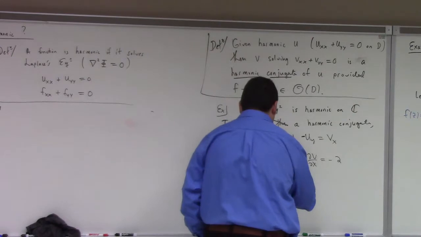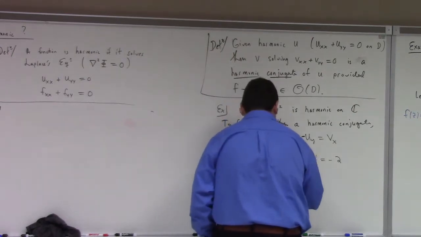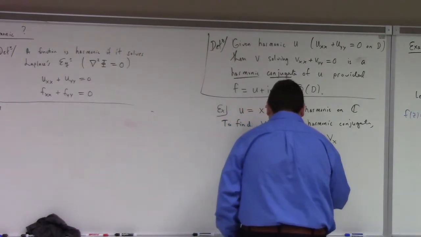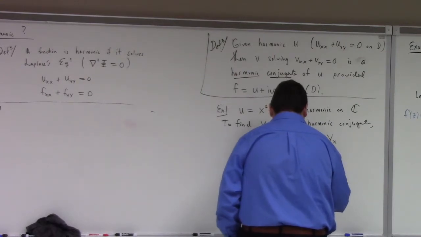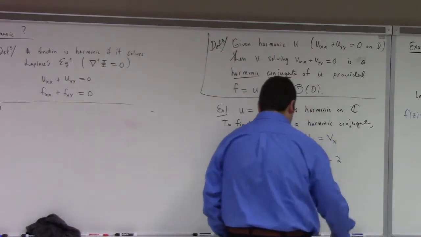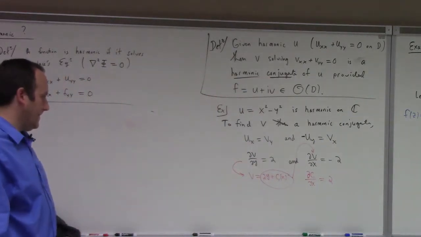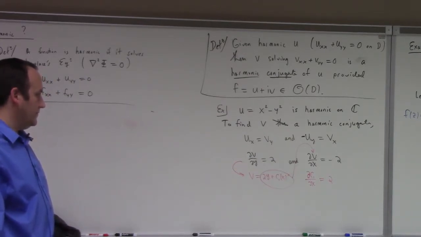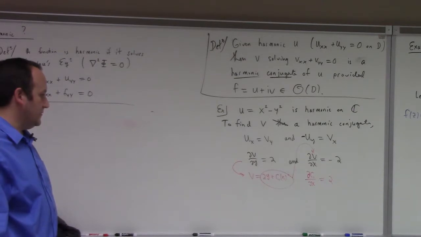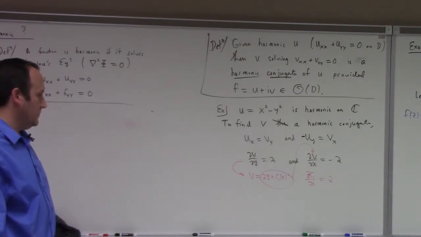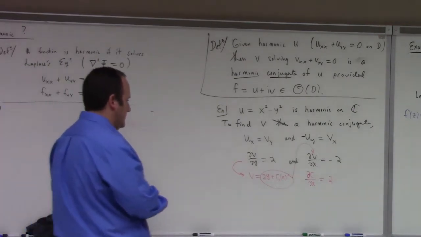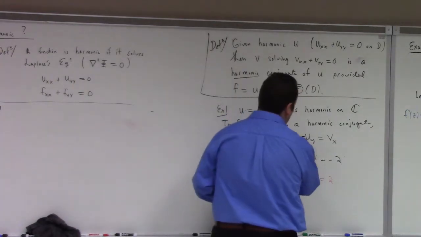Then I can take that and plug it in here, and I get partial c1 partial x equals 2. Wait a minute. I did something wrong. I'm sorry. I don't need to do that.